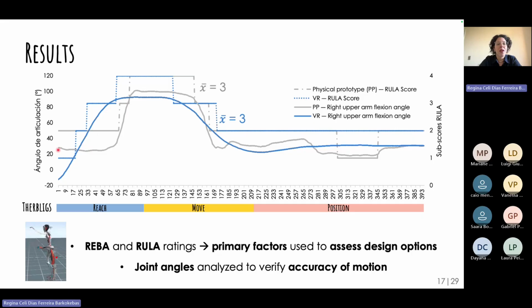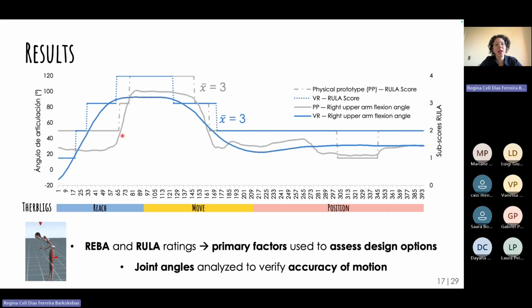Here, for example, I have a gap. So basically, in the virtual reality, they start the motion a little bit earlier. It was a longer motion. If you see from here, basically here to here, they had a longer motion, while in the physical environment it was a shorter motion.